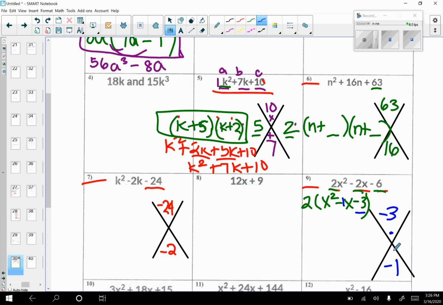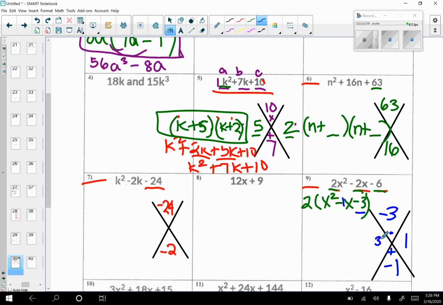So yes, I have to deal with the negatives too. Two things that multiply to 3, well, that's only 3 and 1, right? But I want it to add to negative 1. So two things that multiply to negative 3 and add to negative 1. Oh no. Can I do that here?